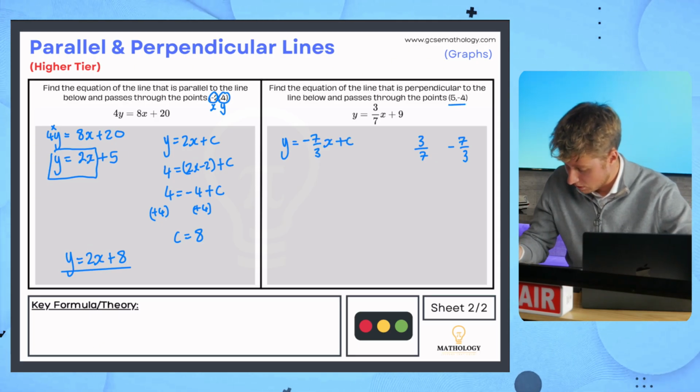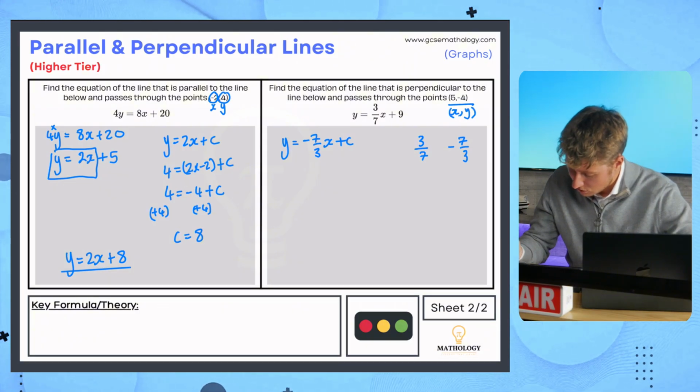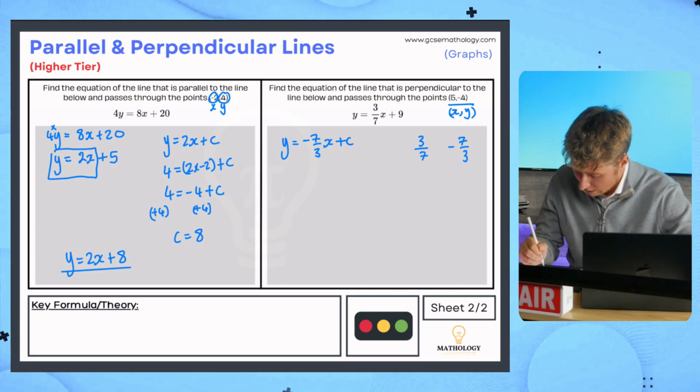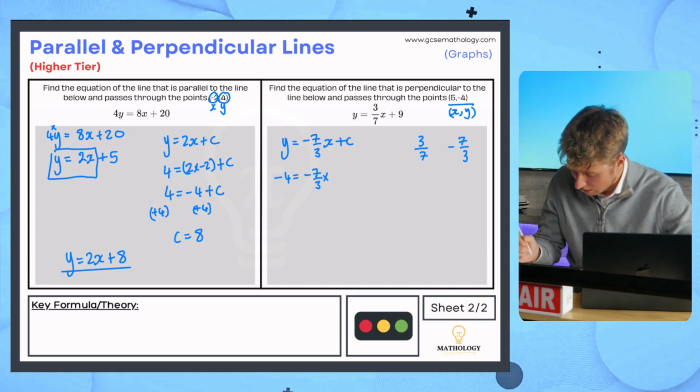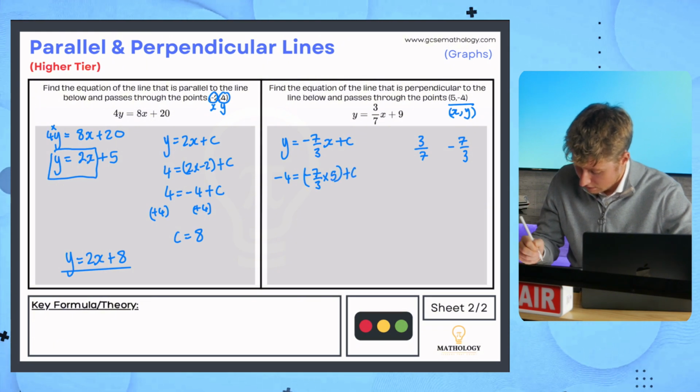Now again, we're given a point, x and y coordinates, so we need to substitute these points into the formula. So our y value is -4, and this is equal to -7/3 multiplied by 5, which is our x coordinate, plus c.